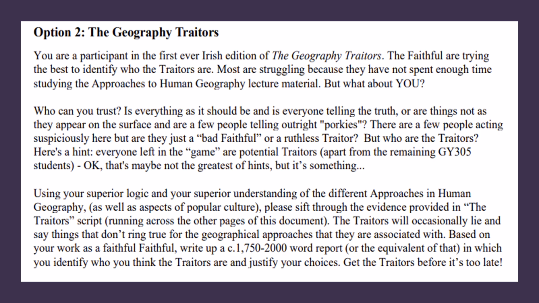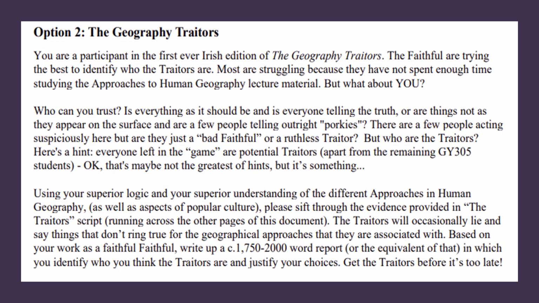And also, if you've done background reading, using ideas from background reading to further explain your ideas. I think this person is one of the traitors because they did Y, and that's something I would not expect from someone associated with this approach. Okay, hopefully you get that idea fairly clearly.